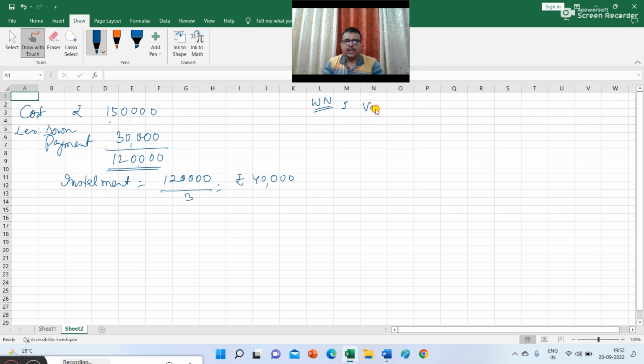So valuation of two vans which were repossessed by Howrah Motors.